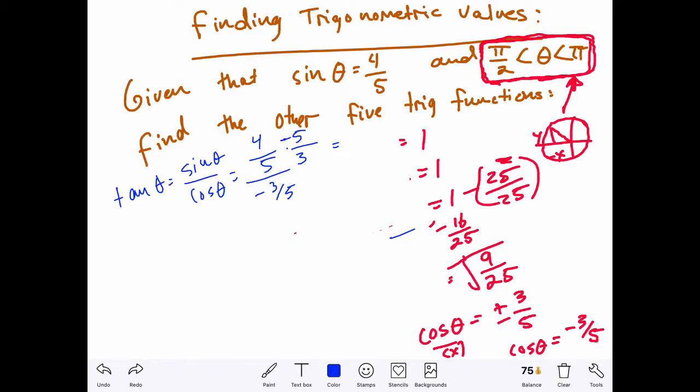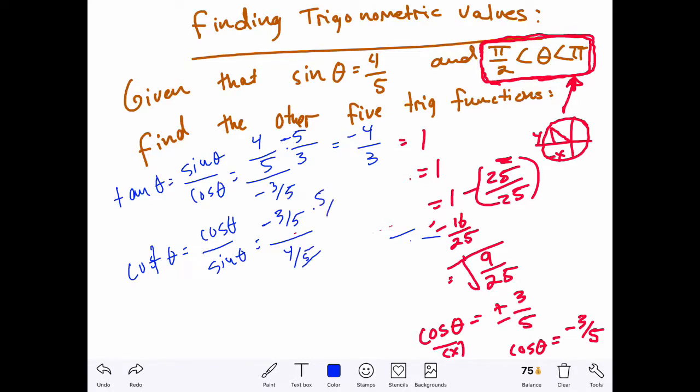The 5's would cancel, negative 4/3. And we could then do cotangent, which is cosine over sine. Cosine is negative 3/5 over 4/5. Invert and multiply, same process. 5's cancel, negative 3/4.